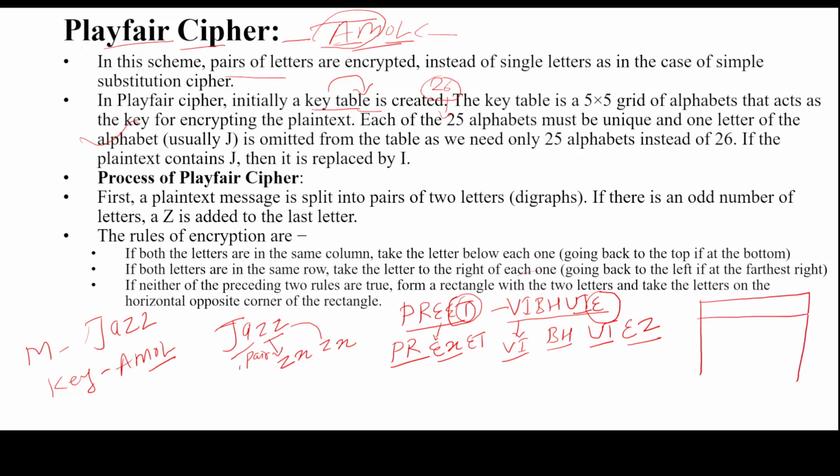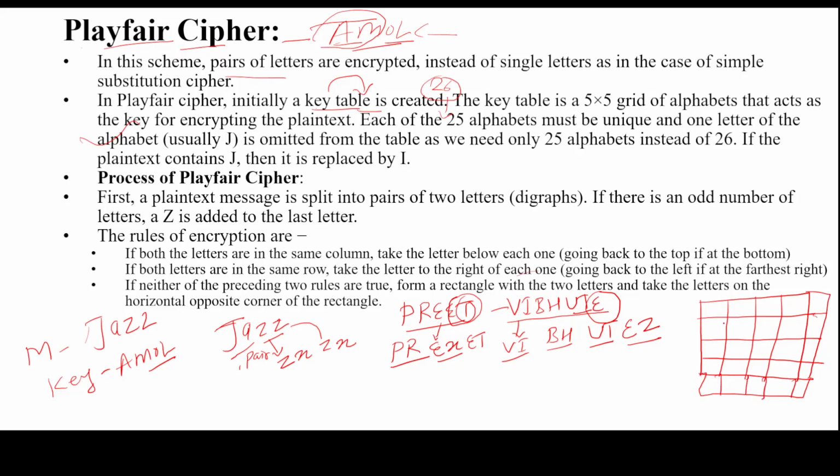And whatever keys are there, those keys will be added in this matrix. So in this case, the key value is AMOL. Okay, so one more column we have to add. We have to create the 5 by 5 matrix firstly.